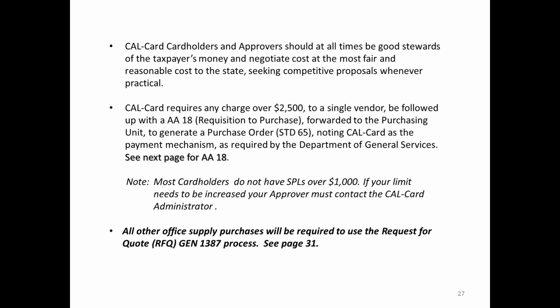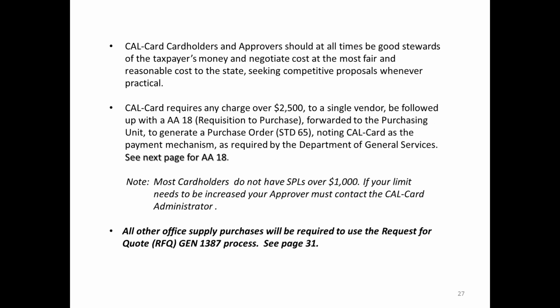Cardholders and approvers are reminded to be good stewards of taxpayers' money and to negotiate costs to meet fair and reasonable criteria. Any single purchase over $2,500 requires a follow-up with the AA18 requisition to purchase completed, forwarded to the purchasing unit to generate a Standard 65, noting that CalCard was a method of payment as required by the Department of General Services.